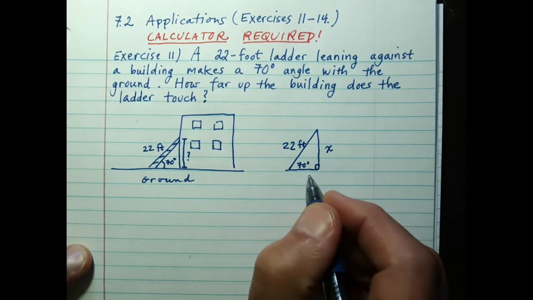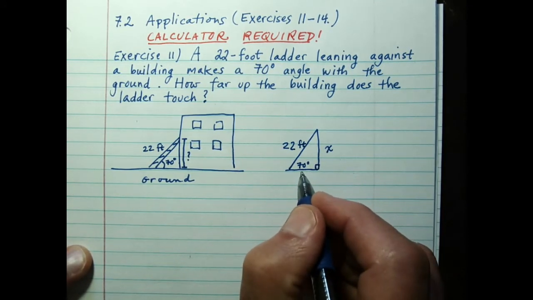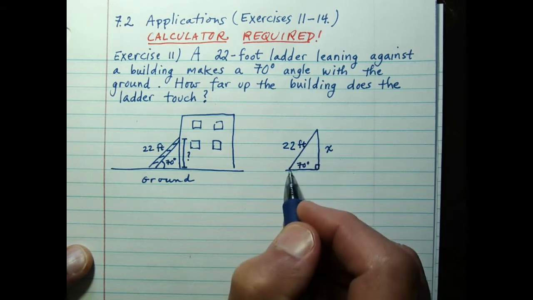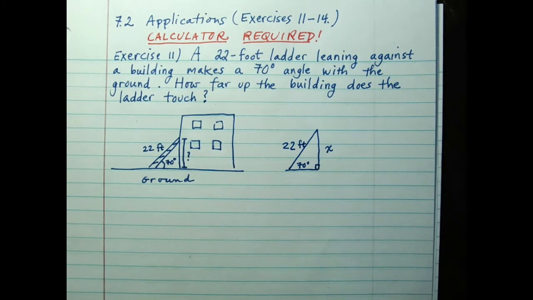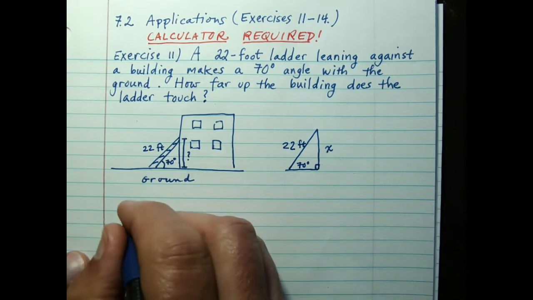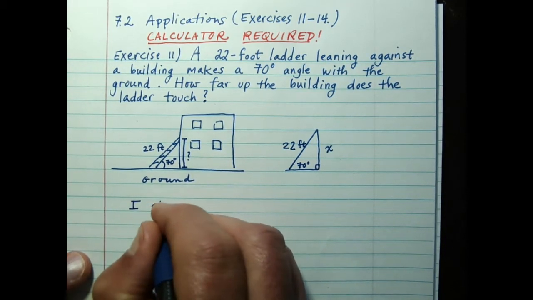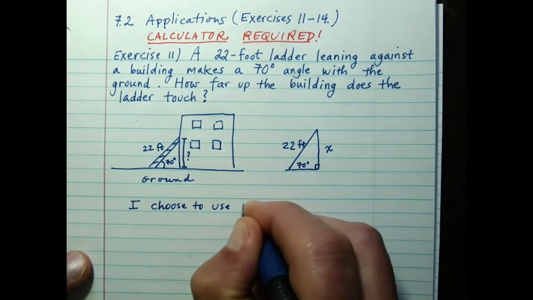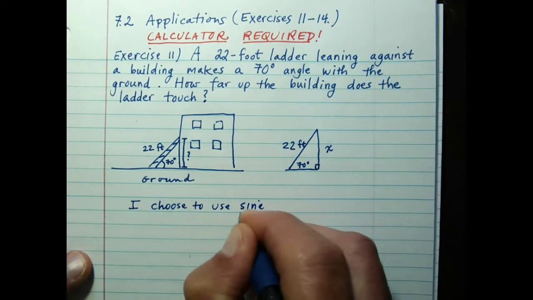So let's see, I have an angle. I have the hypotenuse of a right triangle, and the side opposite the 70-degree angle is the side I'm trying to find. So opposite and hypotenuse make me think of the sine function.